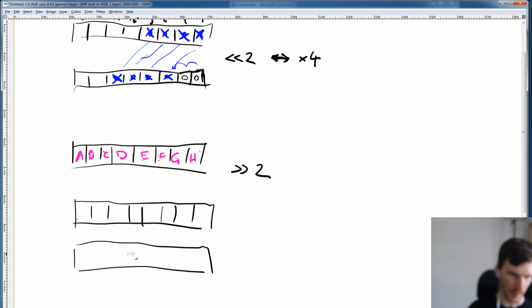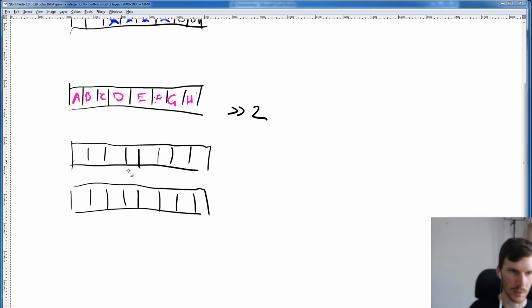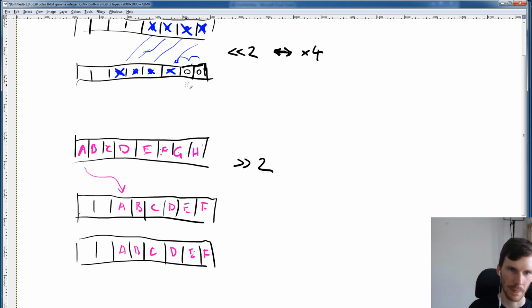There's actually two possible ways we can do this, which I think we did cover. Shifting right by 2 is fairly straightforward in this sense: A, B, C, D, E, F. Now the simple thing to do, just like we did over here, is introduce zeros. So we could go 0, 0.